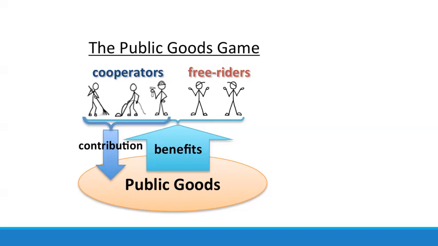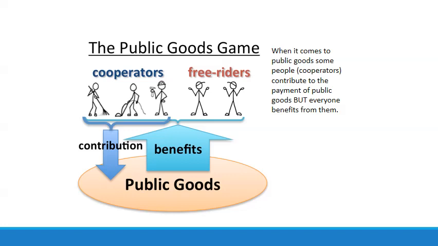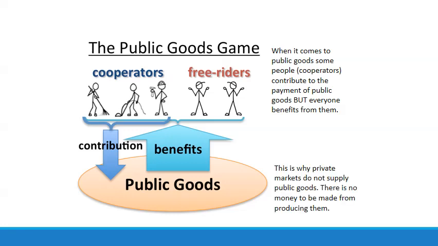Everyone benefits from a few people working. This is why private markets don't supply public goods: there's no money to be made from producing them. A privately funded company will not enter the market to sell these goods, because they're not going to make any money when people can get the item for free.